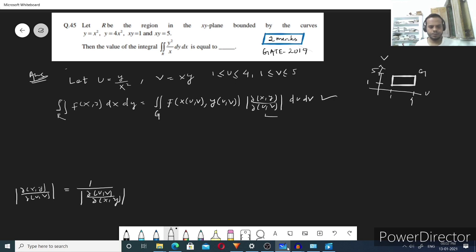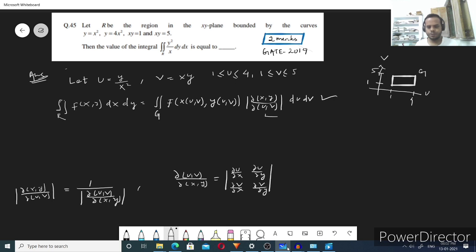It is easy to find. Del(u, v) by del(x, y) is a determinant: del u by del x, del u by del y, del v by del x, and del v by del y.